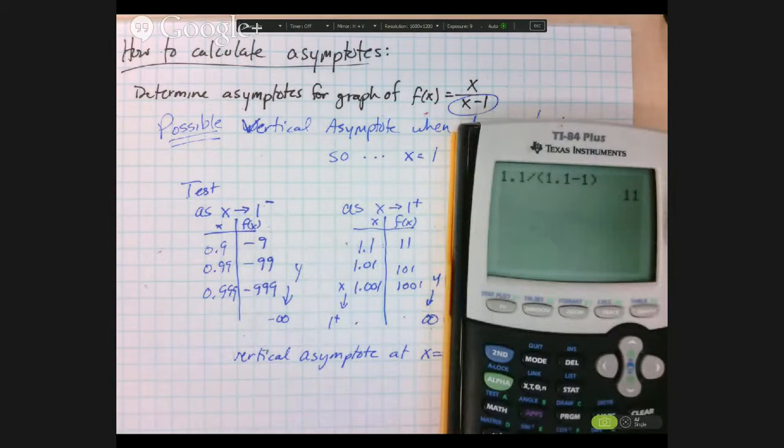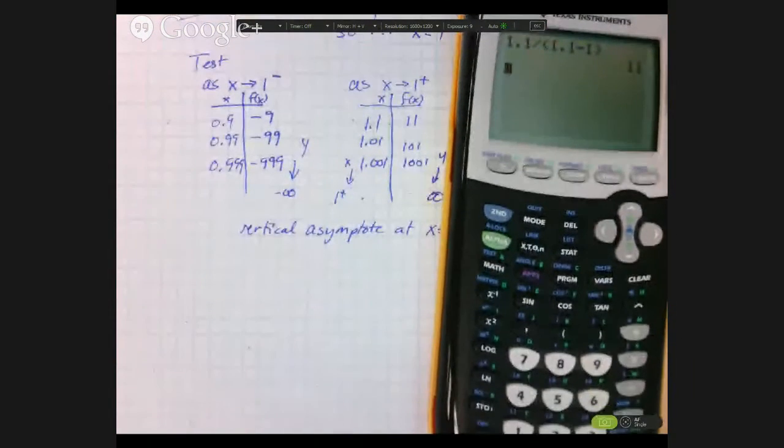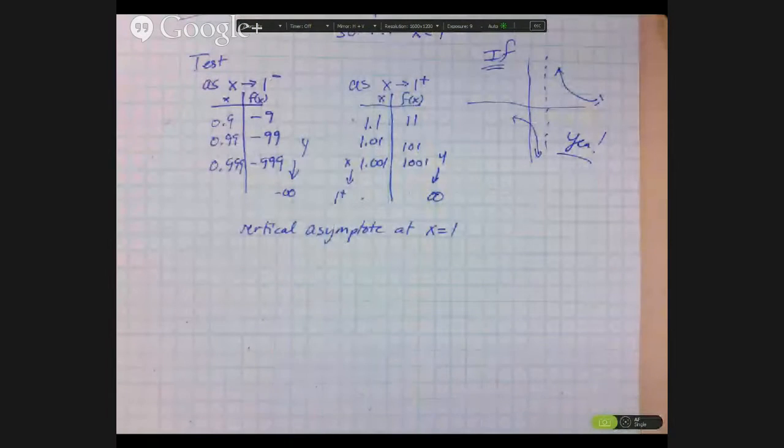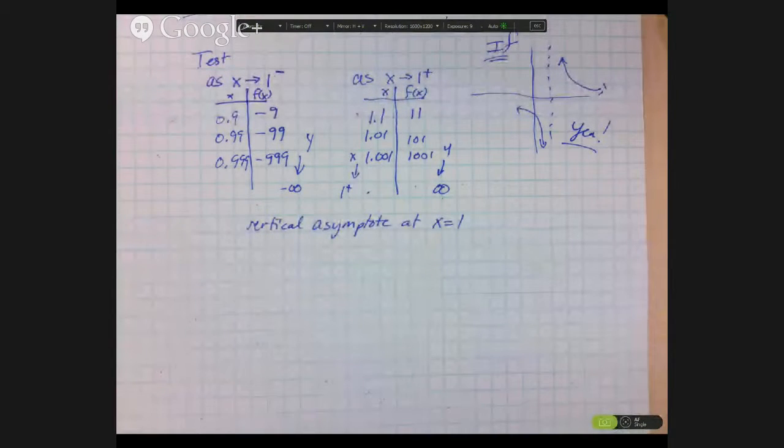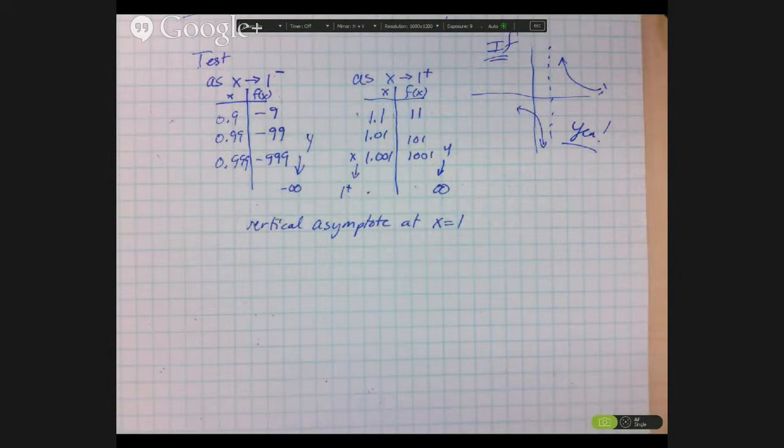Okay, so we have a vertical asymptote. Can I move on? So I have a question. How do you know that's an asymptote, not a hole?